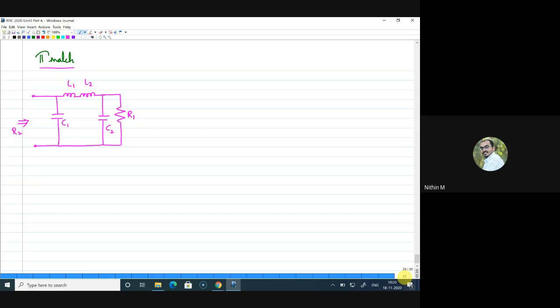But the only problem there is, if the inductance value you are getting is small, in terms of picohenry or even smaller than that, it will be very difficult to realize without much losses. That is the major issue in realizing these passive components.